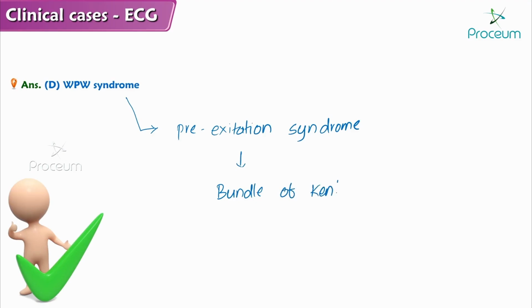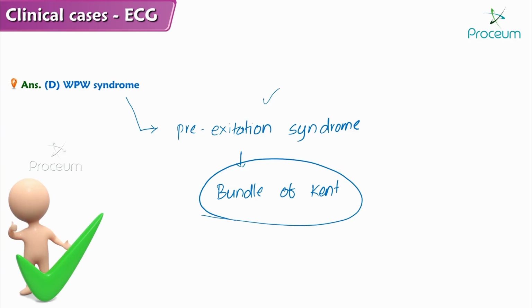Through this bundle of Kent, the impulse will directly move from atria to ventricles without the intervening AV node, directly from the SA node into the ventricle. That is why it is called a pre-excitation syndrome.